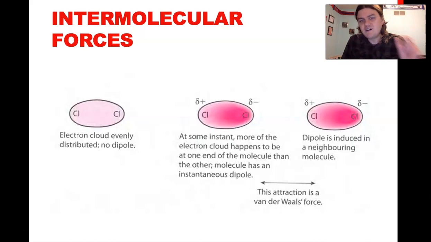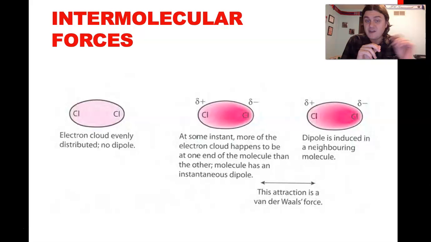However, because it's next to another molecule of Cl2, this partially negative charge on the right-hand side of the molecule will cause the electrons in the molecule next to it to move to the other side. Like charges repel. So the partially negative charge in our central molecule pushes the electrons in our right-hand molecule to the right side.